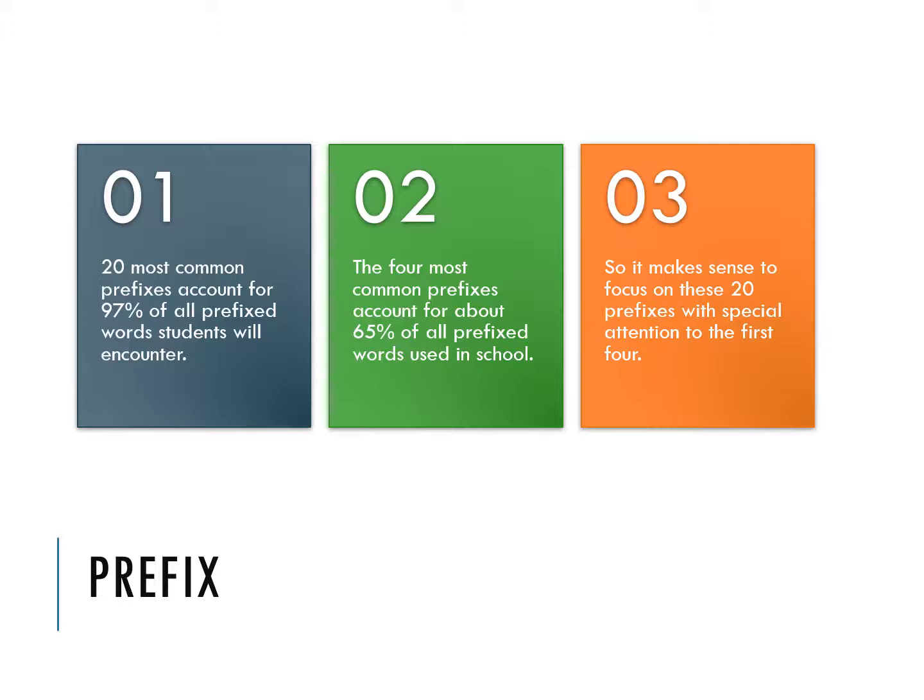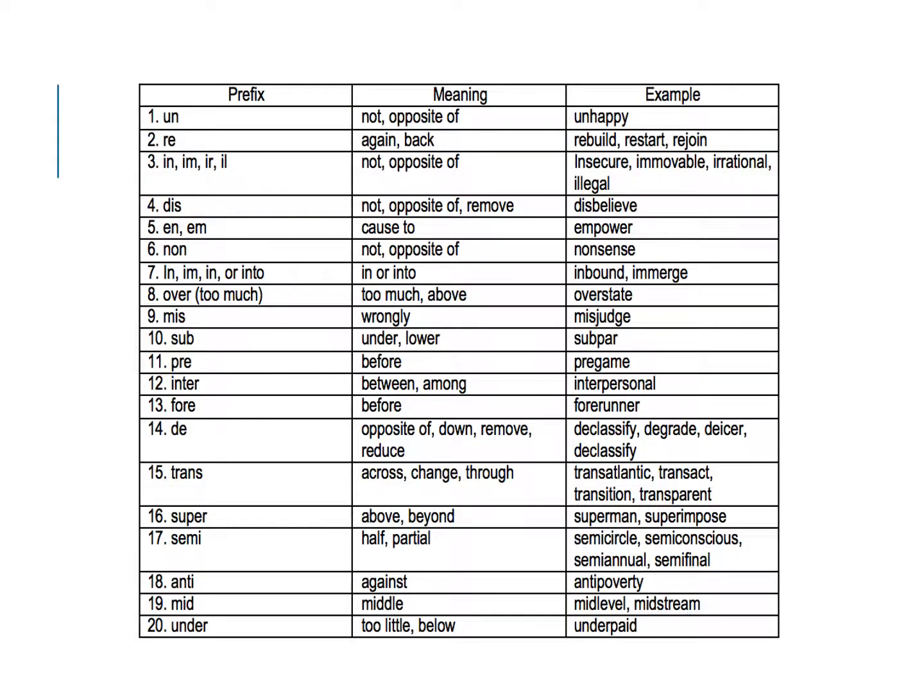And the 4 most common prefixes account for about 65% of all the prefix words used in school. These prefixes include un, re, in, and dis. So it makes sense to focus on these 20 prefixes with special attention to the first 4. This slide shows the 20 most common prefixes and their meaning along with an example of each one.